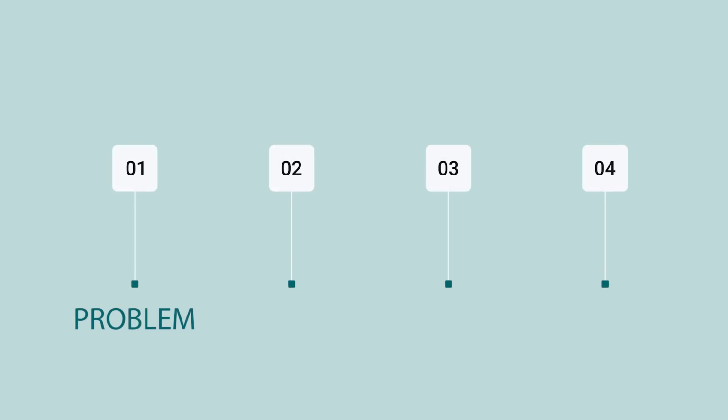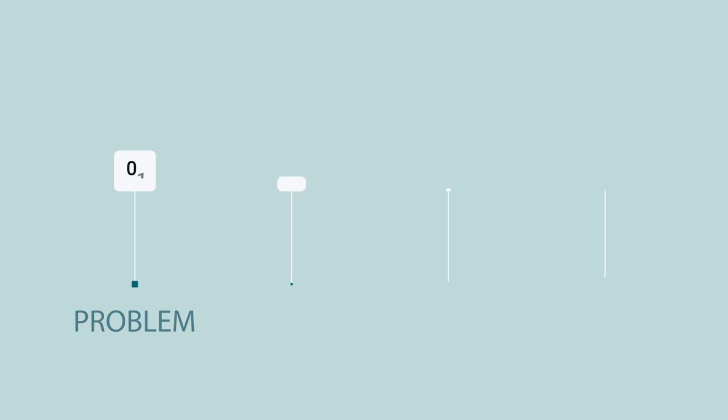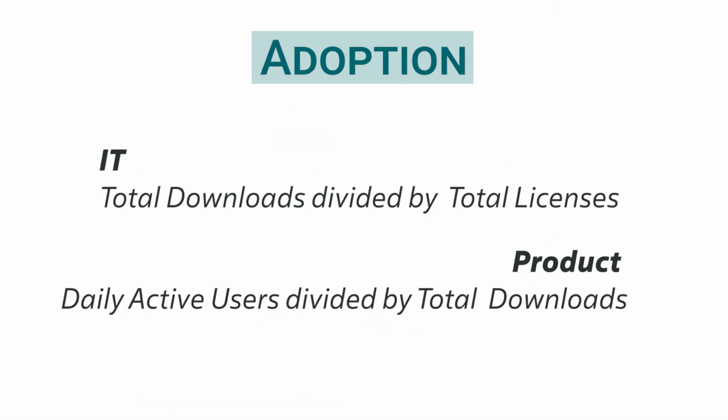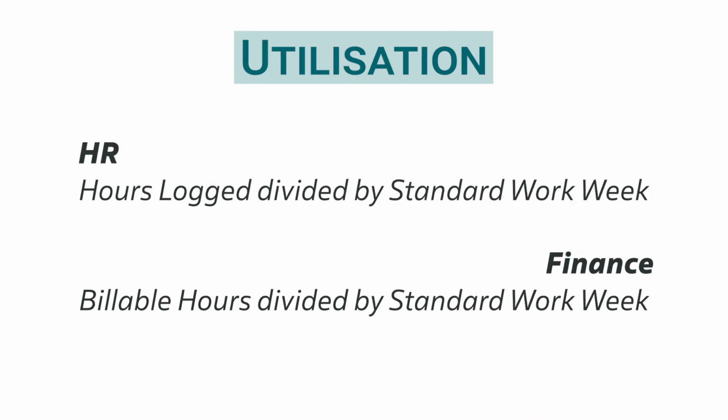But what actually causes that disconnect between a definition and a report? Because the example I gave earlier on really is very real. Profit on a chart means absolutely nothing if it doesn't say if it's gross or net. And terms like profit, adoption, utilization, they can all mean slightly different things depending on the context or the department.